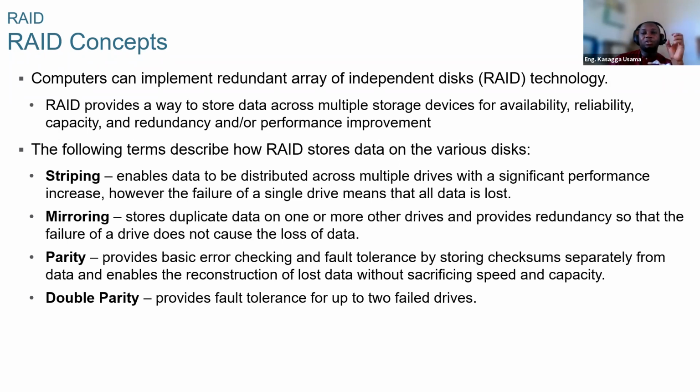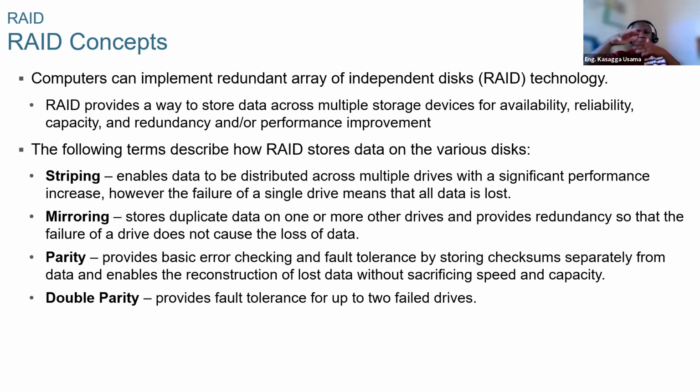The disk has its own technology, the way of storing data across different storage devices, depending on the device that you put. So it has those kinds of mechanisms: mirroring, that means duplicating information, and striping, which enables data to be distributed across multiple devices.